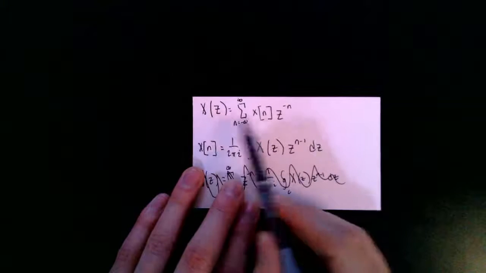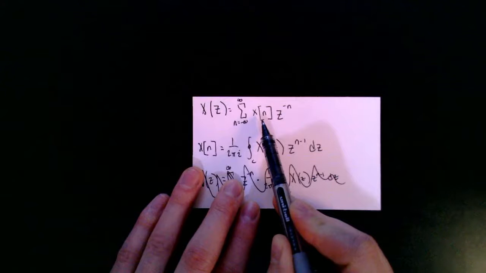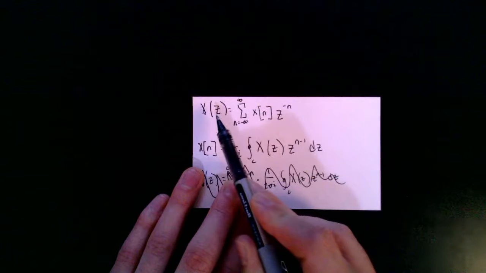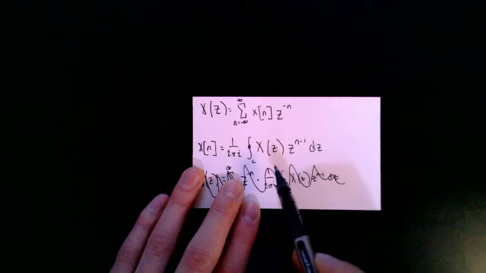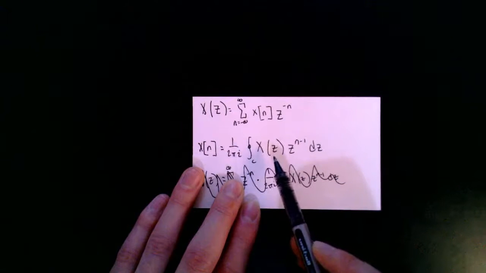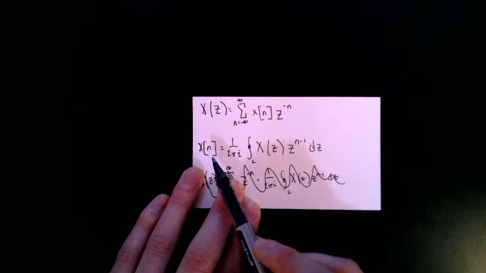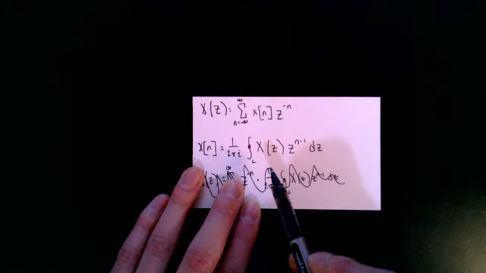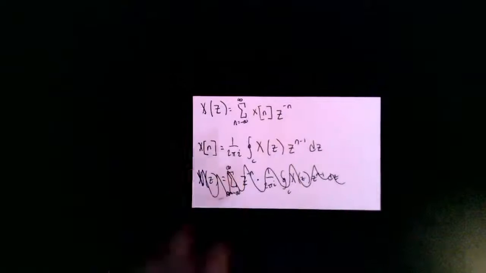So here's that Z transform: you've got this discrete signal, you do this, and you get your complex function. The inverse is: here's your complex function, and then you compute these coefficients. So this is a way, just like the Taylor series, to compute the coefficients on the power series.